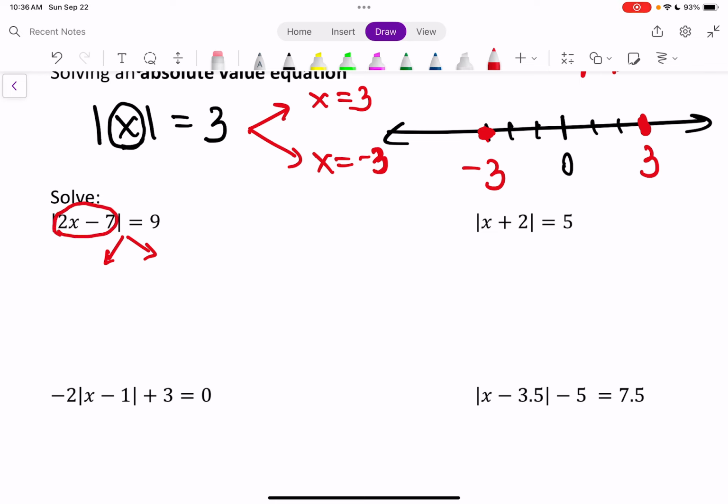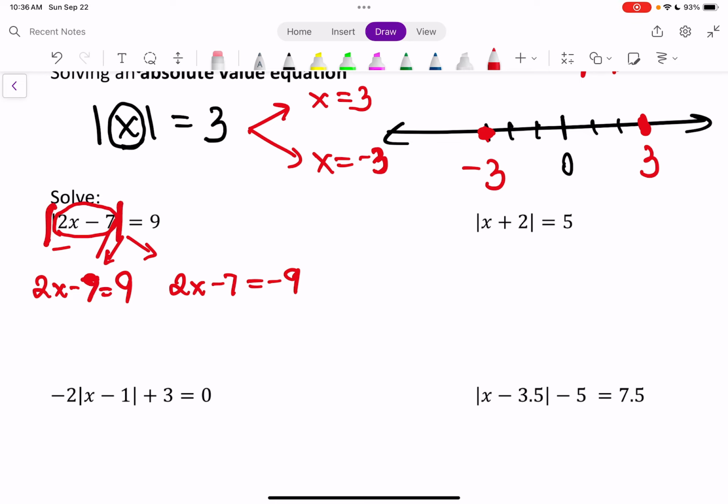If the absolute value of 2x minus 7 is 9, that means 2x minus 7 is either 9 itself, or maybe 2x minus 7 is negative 9. What I could have inside these bars to make it equal to 9 is either a positive 9 or a negative 9. And that's how each absolute value equation is going to work.